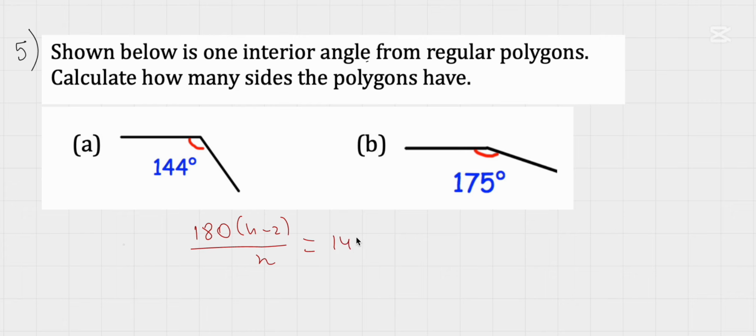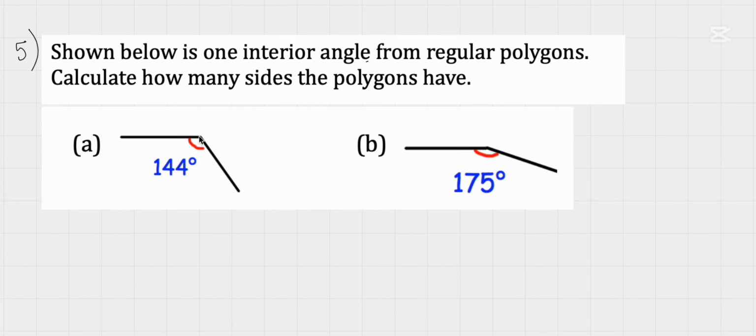Just make it 144 and solve this equation and find n. This is very difficult because the interior angle sum is 180 times n minus 2, and as it is regular, you divide by n to see what one angle is. And this takes really a lot of time to find n with this method. That's why we will use exterior angles to find the number of sides easier and faster.